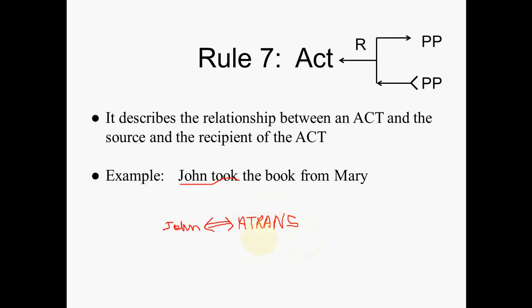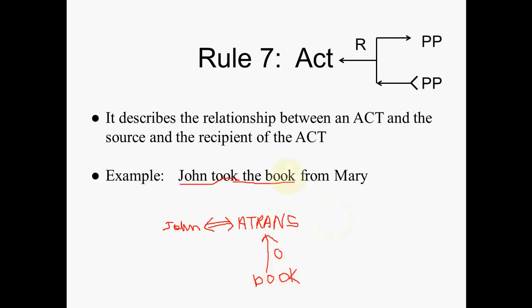So the action here is A trans, that is taking. Now, which is the object involved in this took action? It is the book. So the object involved in this action of taking, you will specify with the O relation. Object here is book. Agreed?